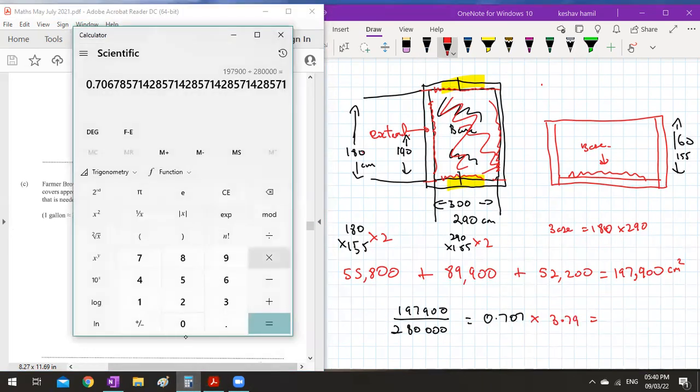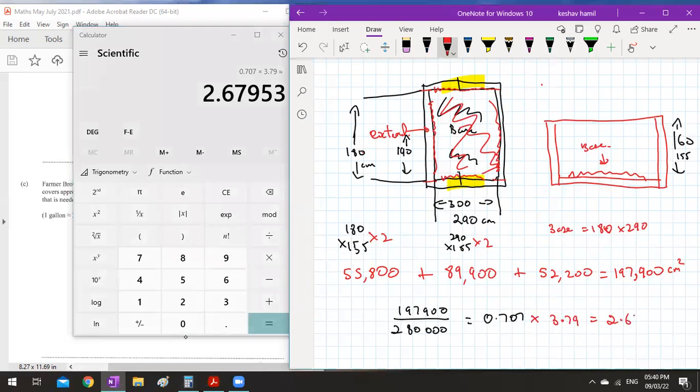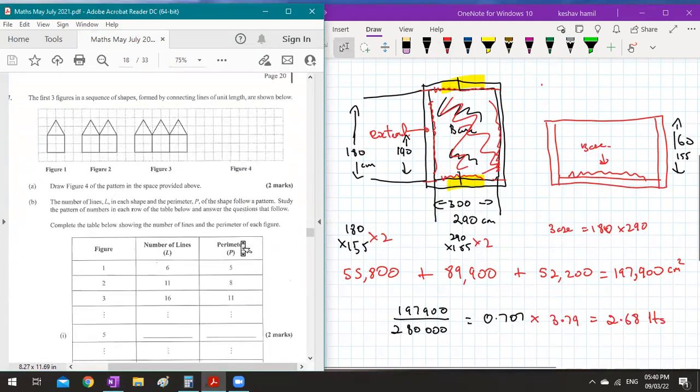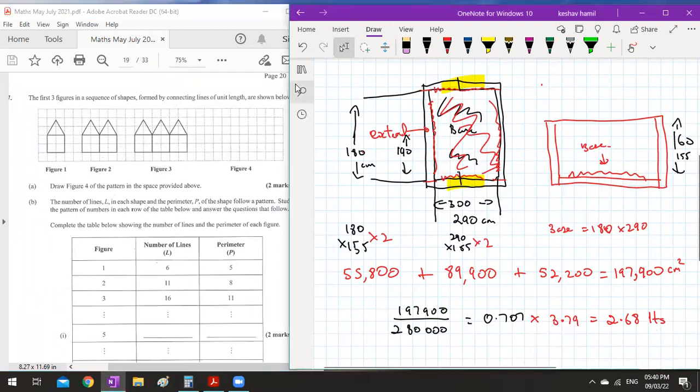And we're going to multiply 0.707 by 3.79, which is 2.68 liters to 2 decimal places. So we're only going to use about 2.68 liters in order to do the entire surface. And that's question 6.